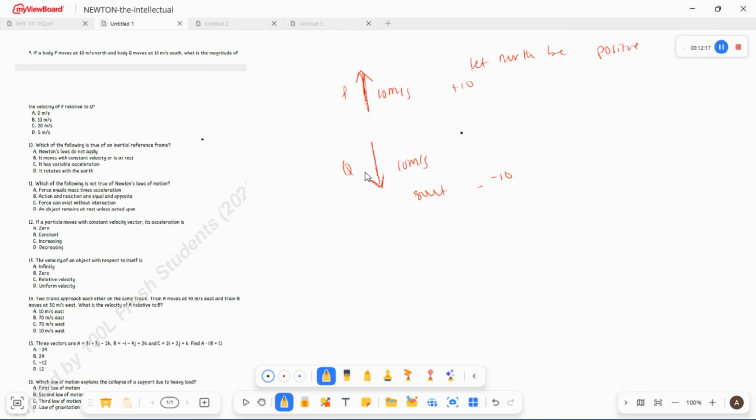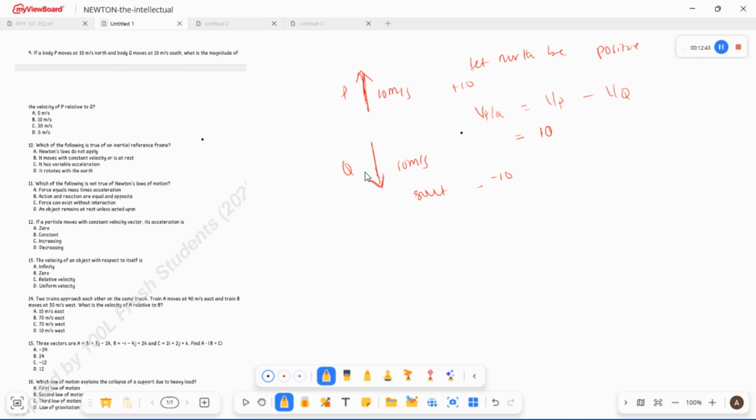Do you understand? So now they say, what is the magnitude of the velocity of P relative to Q? So we're looking for V P over Q, right? So this is going to be VP minus VQ. We're always subtracting this from this: VP minus VQ. Because they are in different directions. So now we have VP, which is 10, is going to be positive, because we say let north be positive.